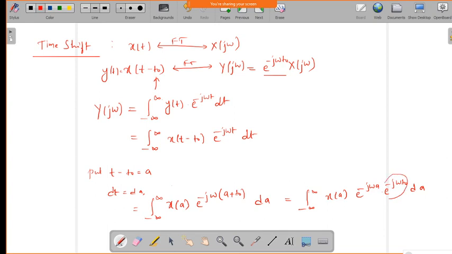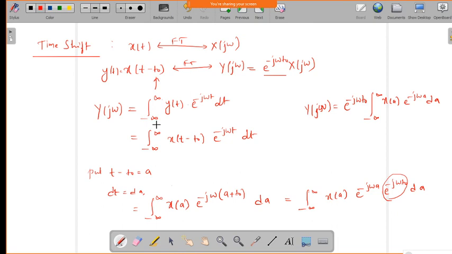Now this factor you take outside, and you get y of j omega equal to e power minus j omega t naught into the integral of x of a into e power minus j omega a da.